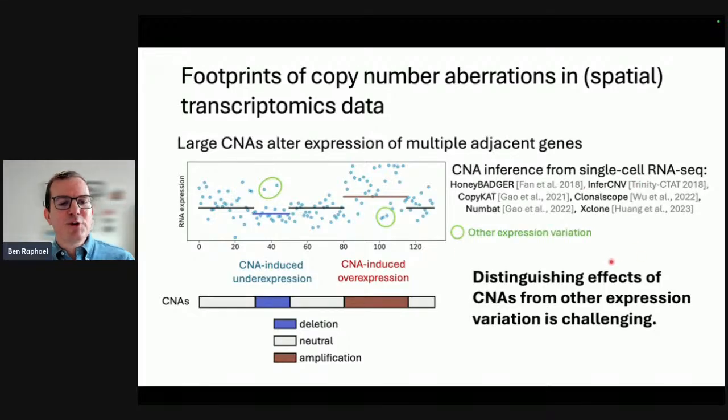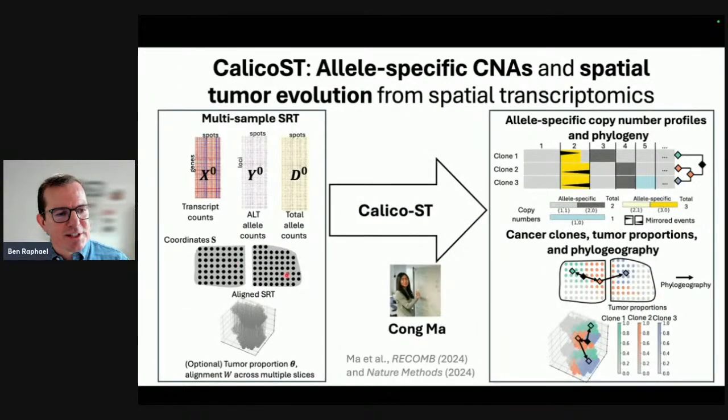We first developed a method to do this from spatial transcriptomics data, where we use spatial correlations to help us. And then we also identify the number of copies of the 2 different parental alleles. So we distinguish the number of copies of the maternal and the paternal allele.